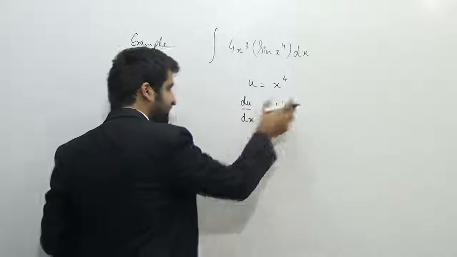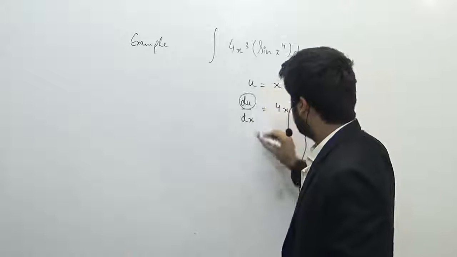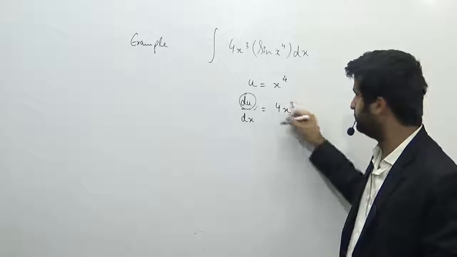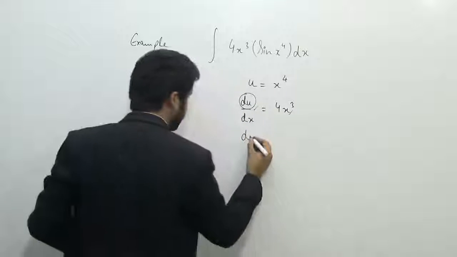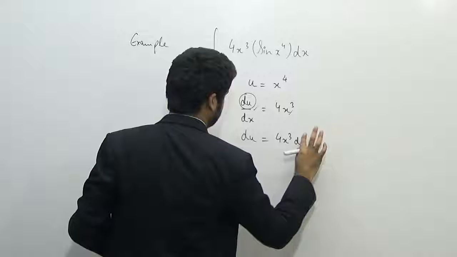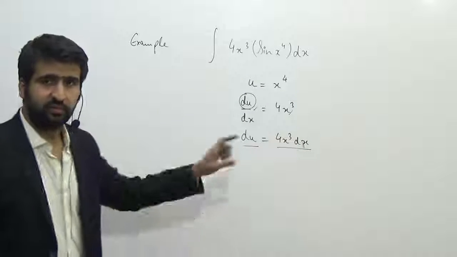And every single time, du will be converted into dx times some function which is present over here. Like in this case, you can write this du as 4x cube into dx.